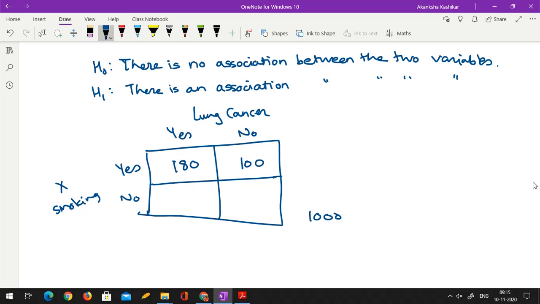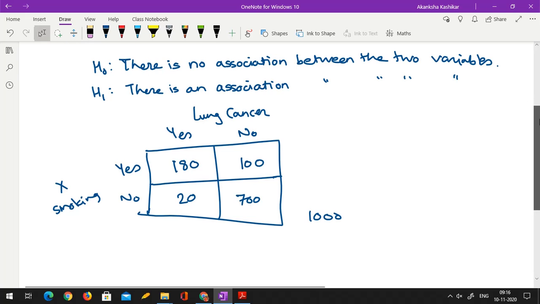Then we have, say, 20 people who don't smoke but have lung cancer, and we have the remaining 700 people who neither smoke nor have lung cancer. This is just from the data collected. For every person we can record whether the person smokes or not and whether the person has lung cancer or not. So we can classify people into 4 types and a count is given here.